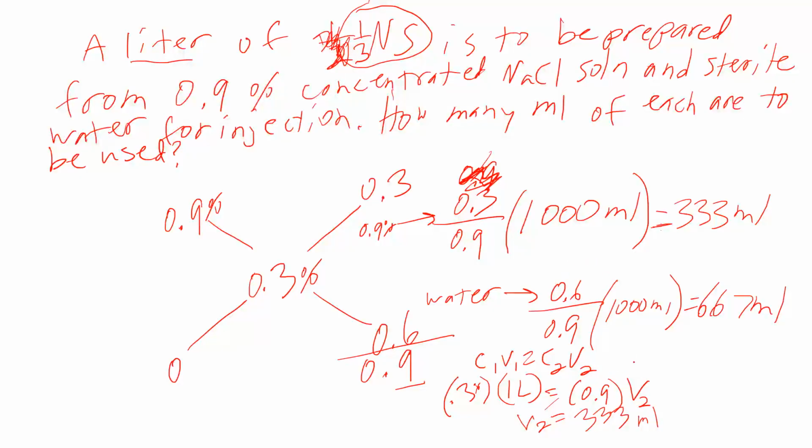V2 gives you the volume of the 0.9%, and 0.9% is 333 milliliters. If you want the water, you just take the total quantity and subtract 333 from that, and you should get 667.